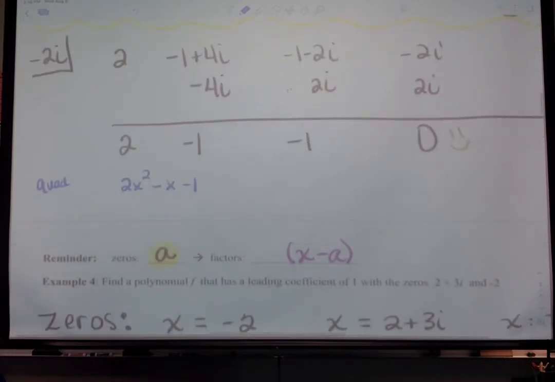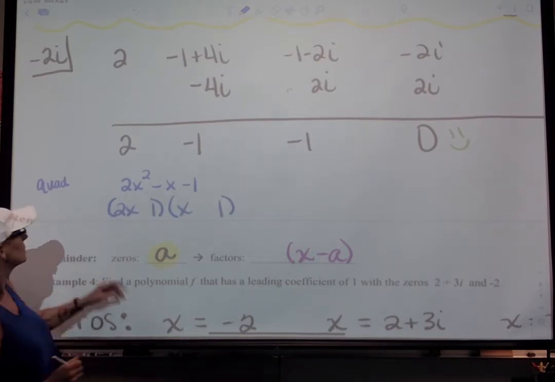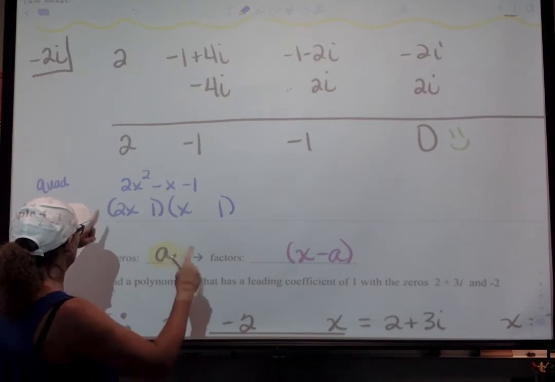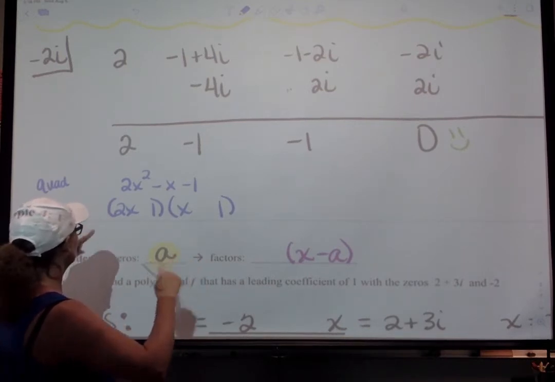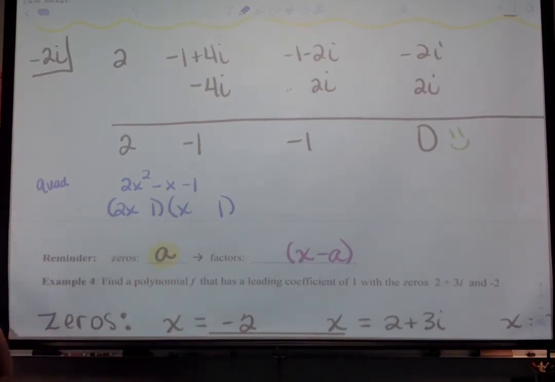I think that's factorable. Uh, 2 and 1. Oh, absolutely. 2 and 1.